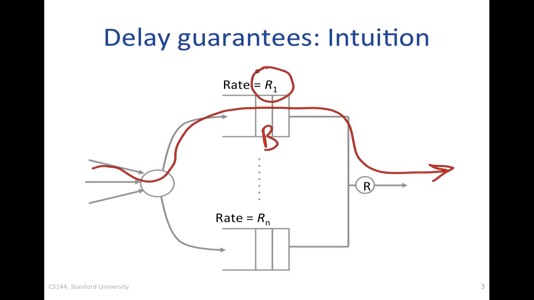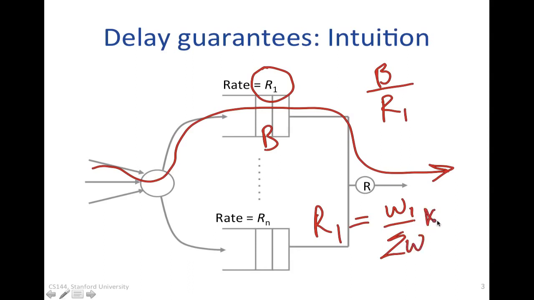And then I can simply say that the delay through this router will be bounded by the size of the buffer B divided by R1, the rate that it achieved. And remember that R1 equals the weight that I was going to give to that first one divided by the sum of all the weights times R. So I can control R1, I can pick a B, therefore I can pick the delay through the router.